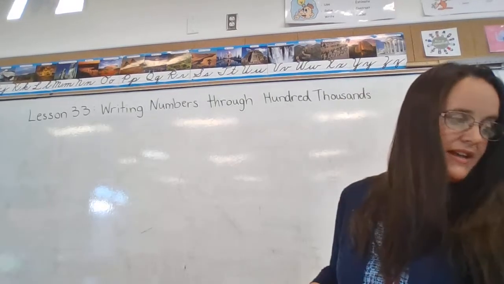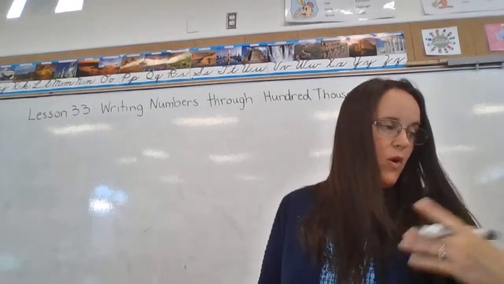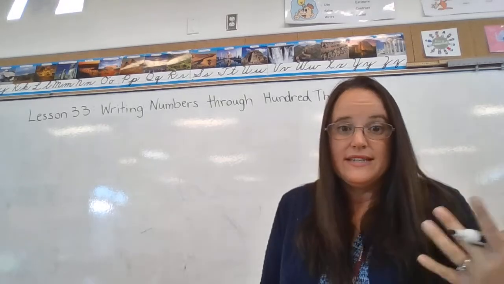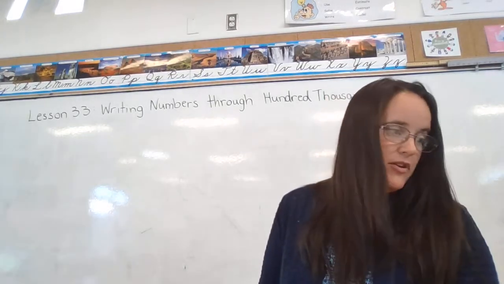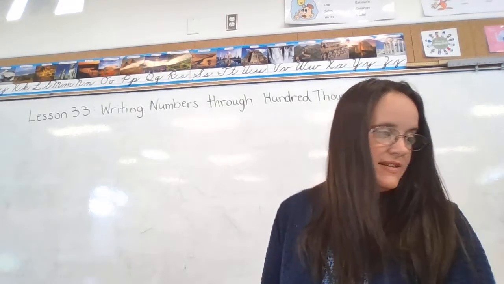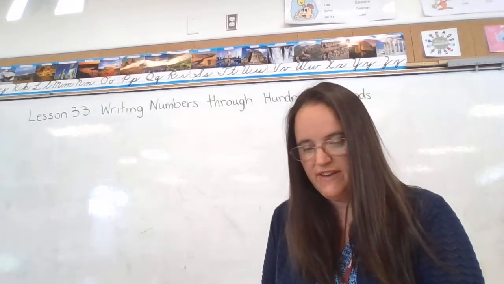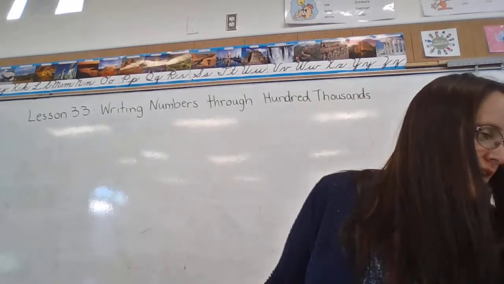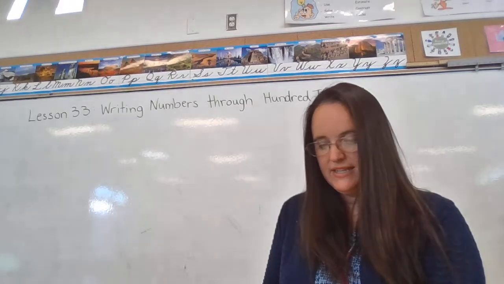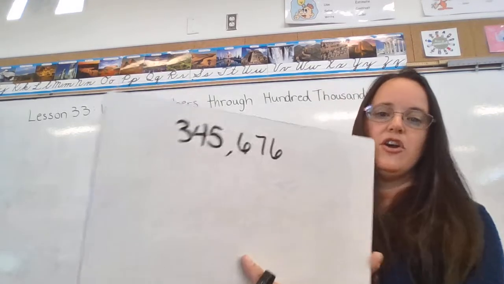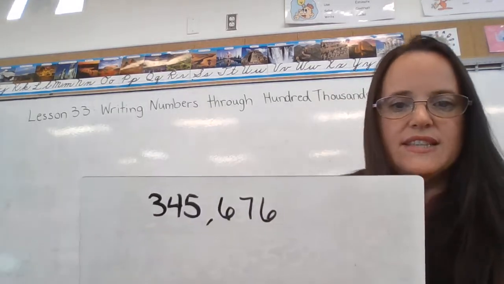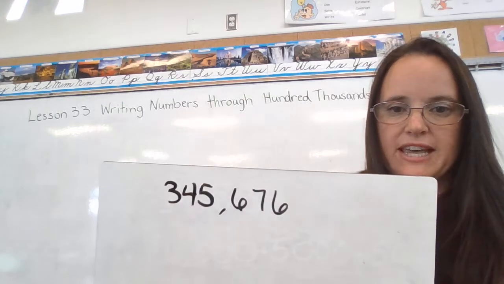They may also ask you questions about what number is in each place value. So in this one, it's 345,676. And they want to know which digit is in the hundred thousands place.